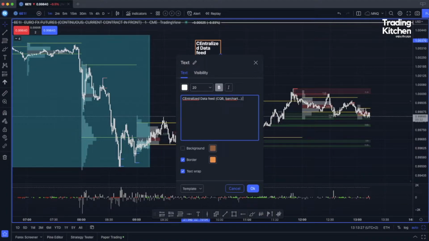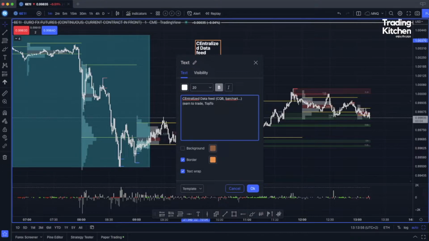If you do a prop firm with a futures prop firm, for example, TopStep, this data is inside the monthly fee that they ask.